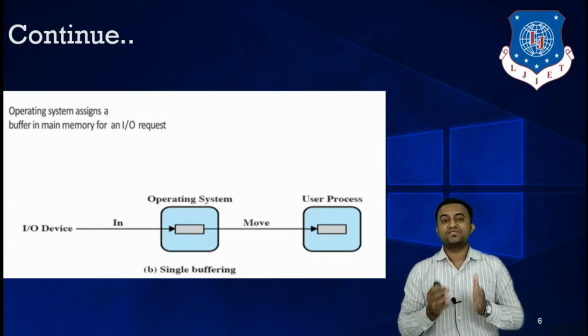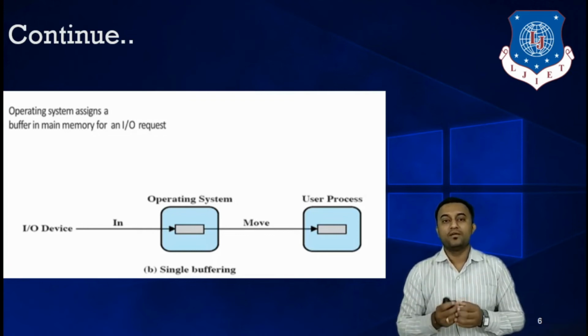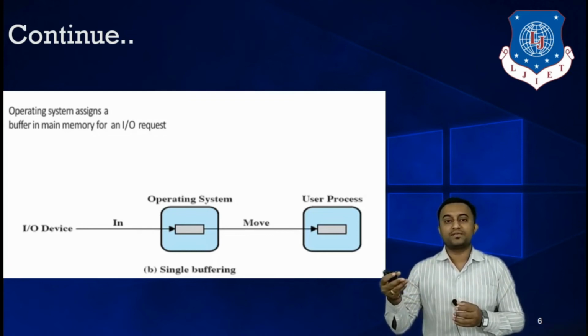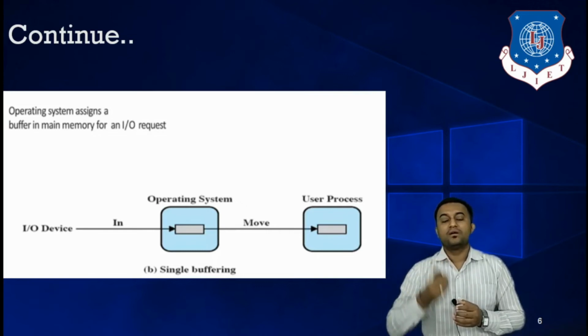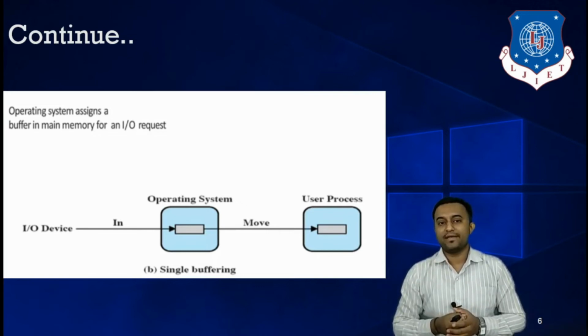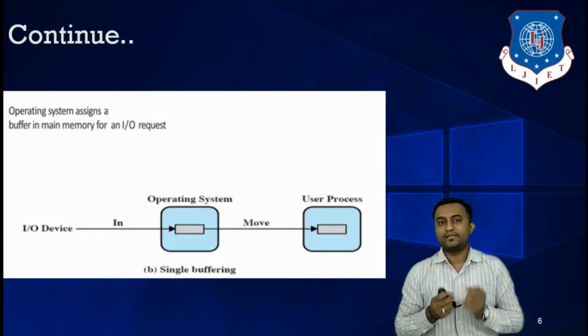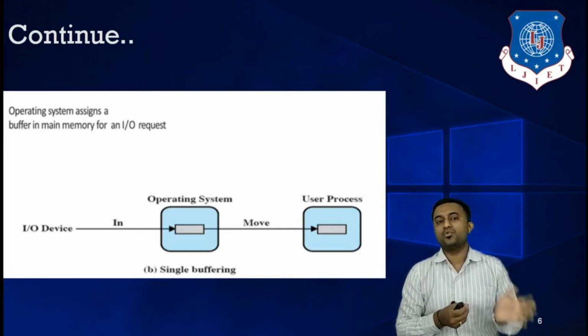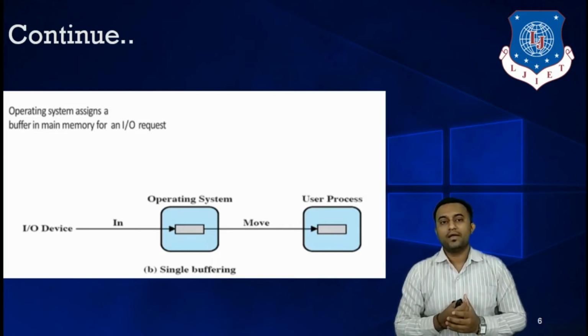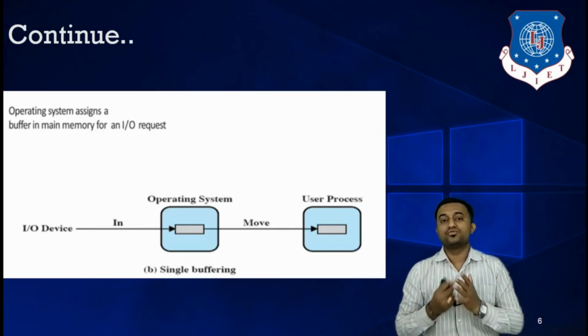In single buffering, when a user process demands to access an input output device, the operating system takes control and tries to get the input output device and give it to the user process.